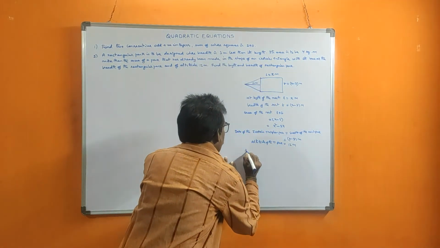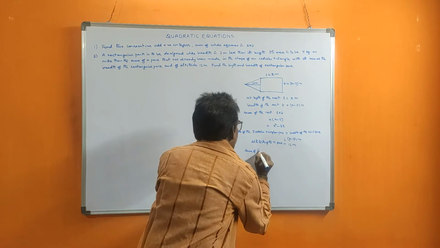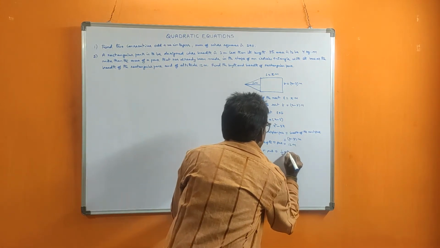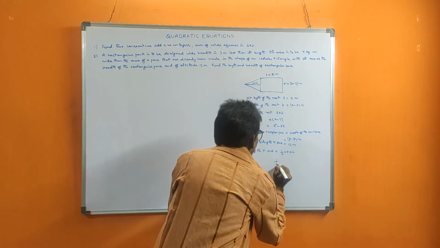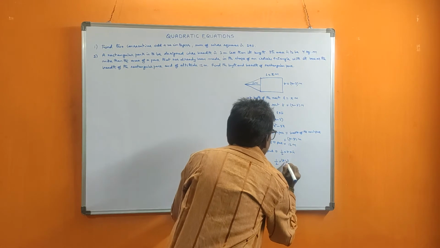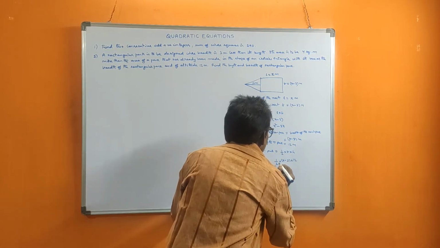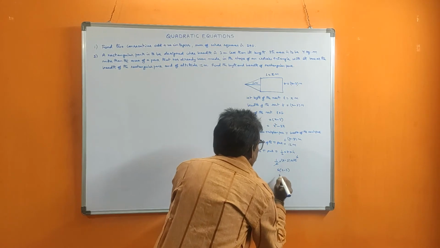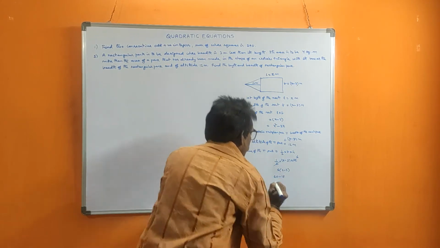Now we can calculate the area. Area of the triangular park is equal to half into base into height. So half into base x minus 3 into height 12. Now you can cut this. So 6 into x minus 3, that is 6x minus 18.